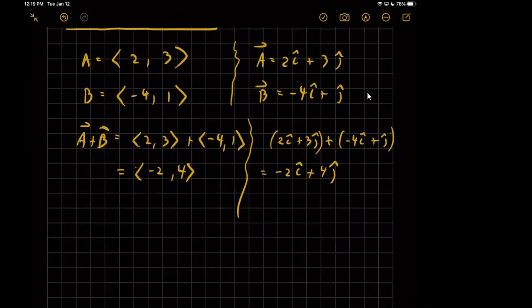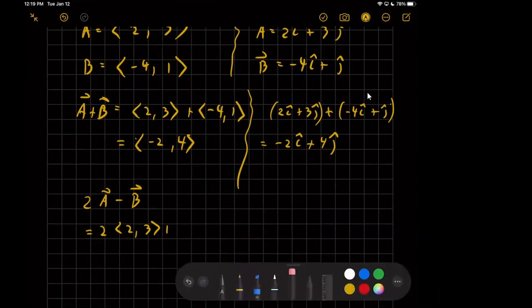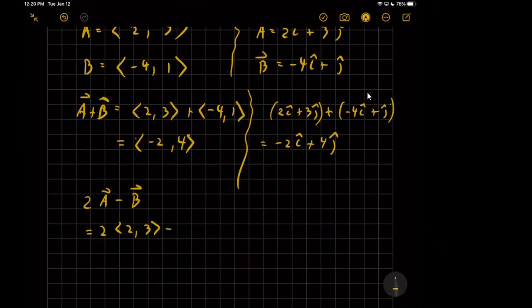It's also very easy if I said, well, what if I want to do 2A minus B? Okay, so in component form, what does that look like? We're going to take twice 2, 3, minus, I'm sorry, that's a minus, we're subtracting -4, 1. And what I would do is I would do this in 2 steps. I would say, well, what is twice A?